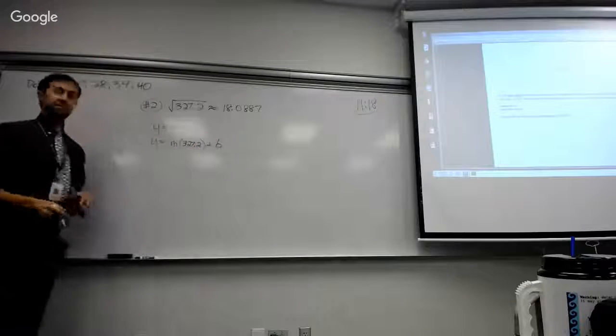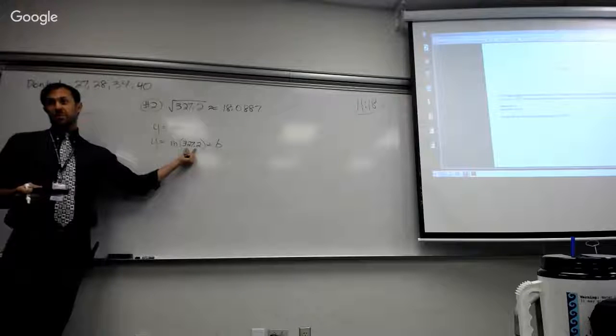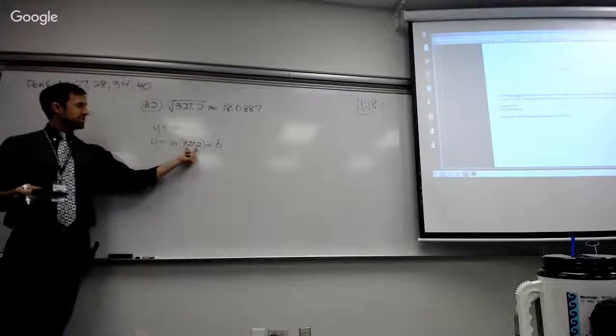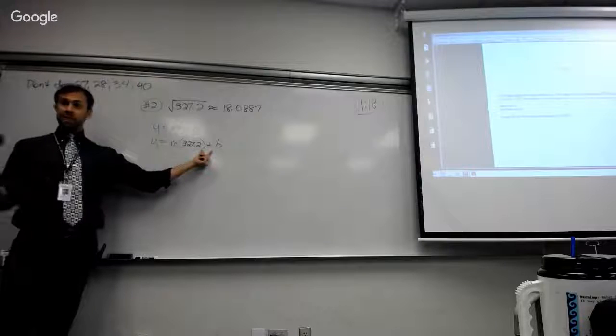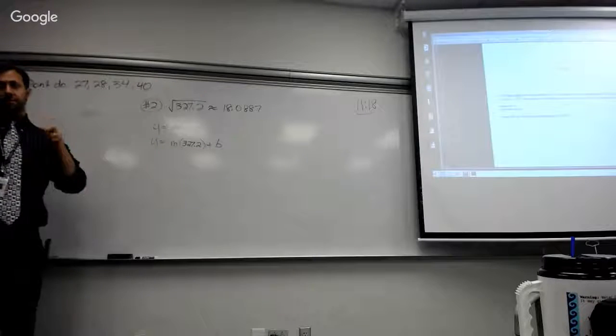That is something you can do very easily with scratch paper, with paper and pencil. You take 327.2, multiply it by a number, add a number, and then bam, you have an approximation to a square root.